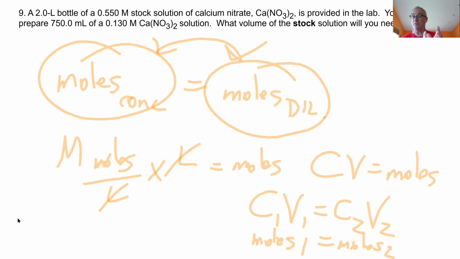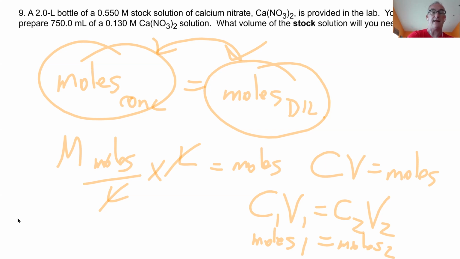So that's how you do these sorts of problems. You just take the concentration of the first one times the volume you use, and that's got to equal the concentration of your second solution times the new volume. So that's why your concentration is going to go down, but your volume is going to go up, so it balances out. So let's figure out how many moles of the dilute solution we're going to have.